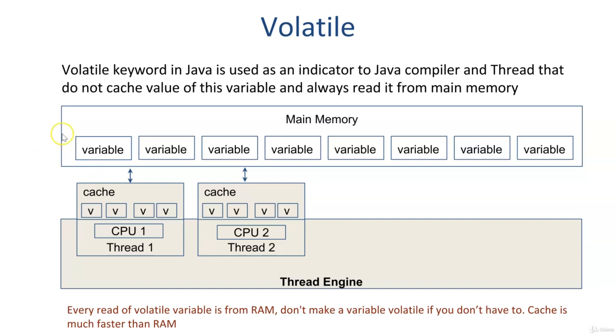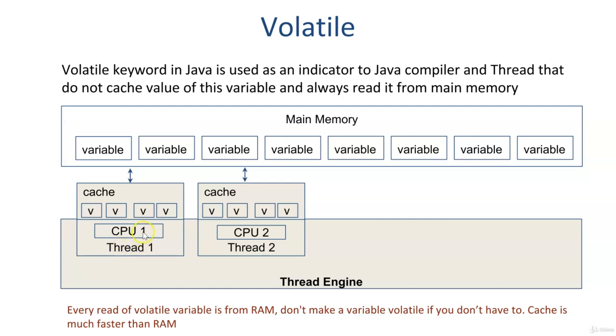So let's look at this diagram below. You have the main memory, or RAM, and you have variables in this RAM. Then you have a threading engine, and then you have threads, thread 1 and thread 2.